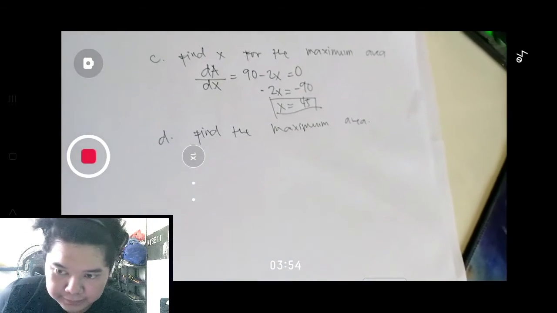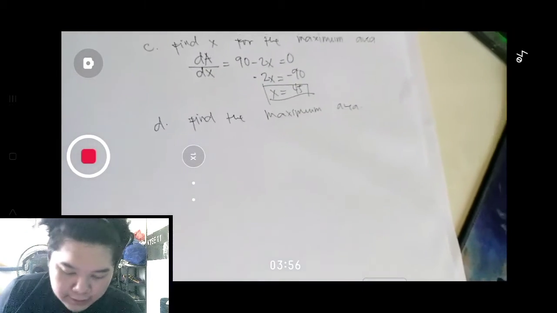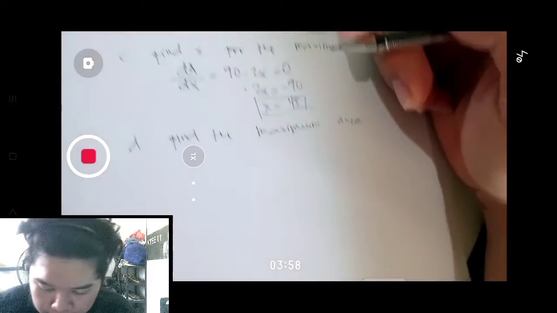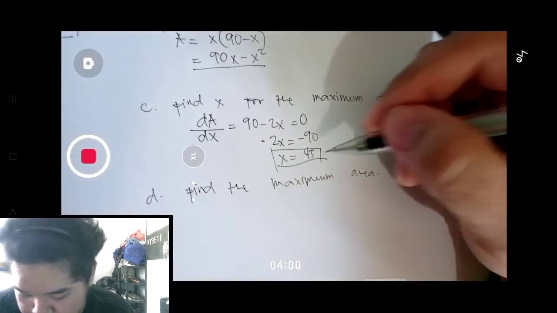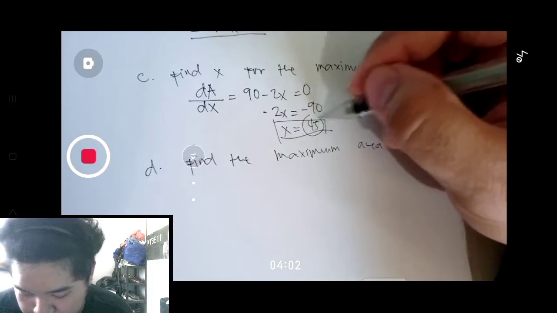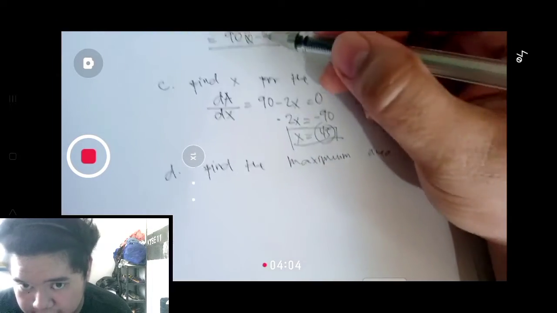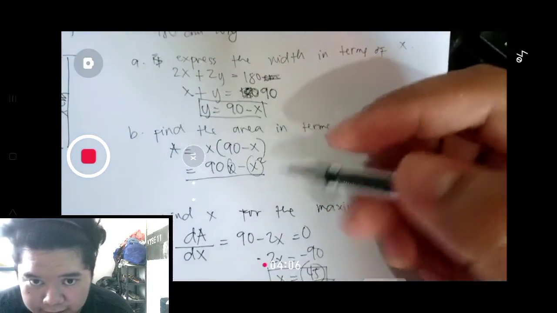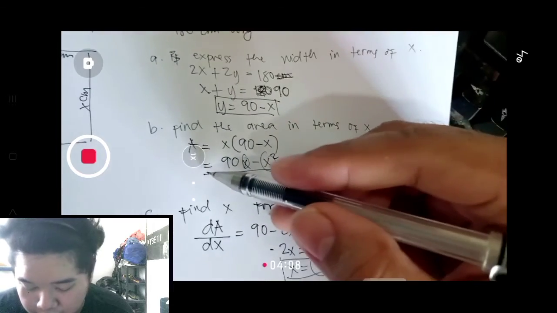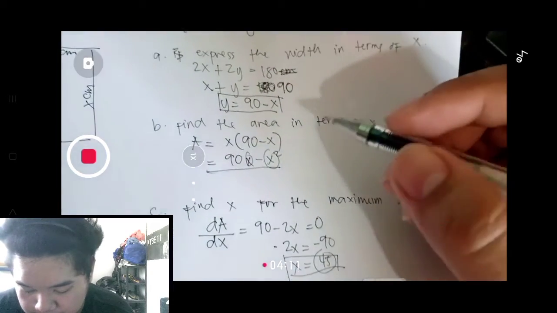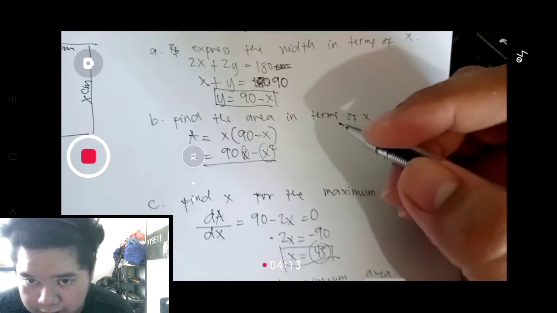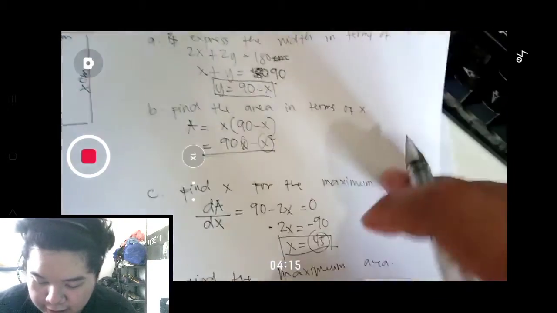So the last one is to find the maximum area. All we need to do is to substitute this 45 sa mga x dito, sa formula na to, just to find the maximum area.